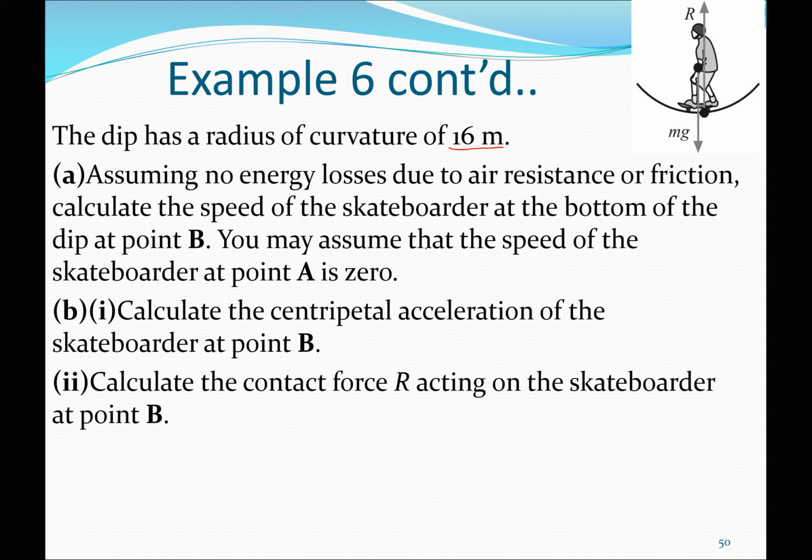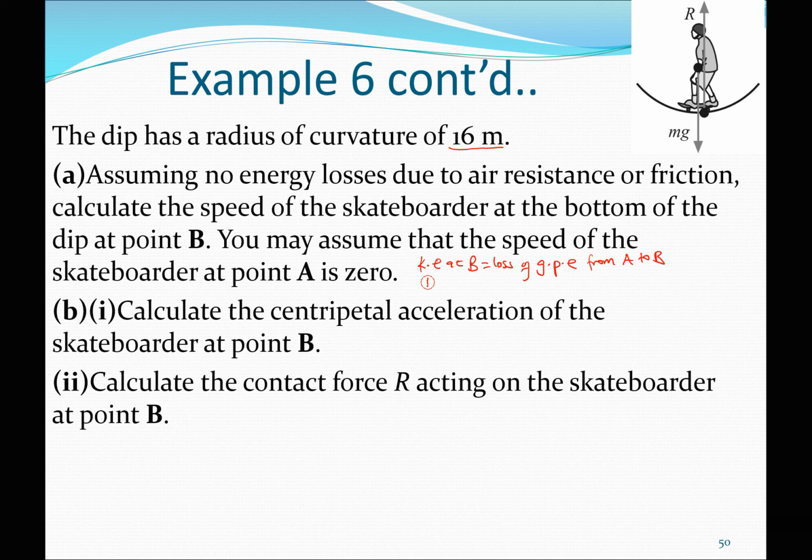So I'll say kinetic energy at B is equal to the loss of gravitational potential energy from A to B. Because B was at a lower level and there is no friction or air resistance, the kinetic energy at B is equal to the loss in gravitational potential energy from A to B.